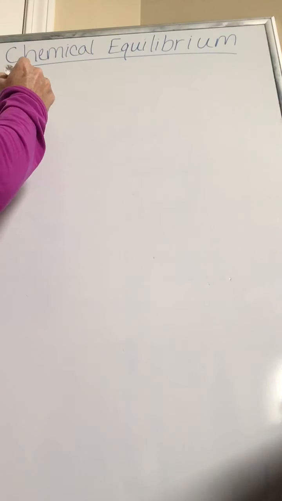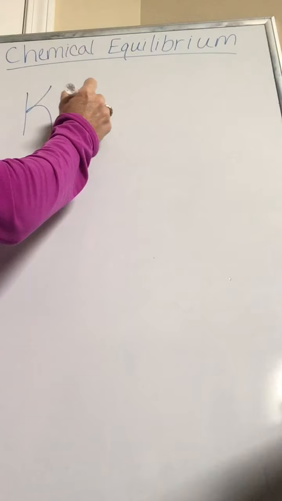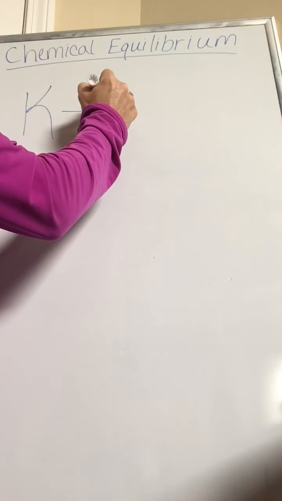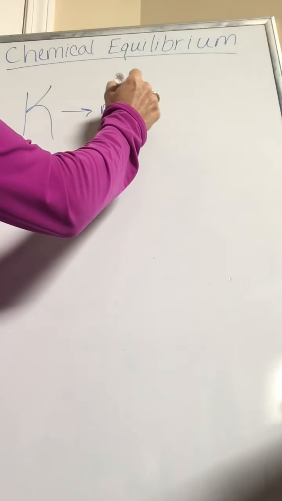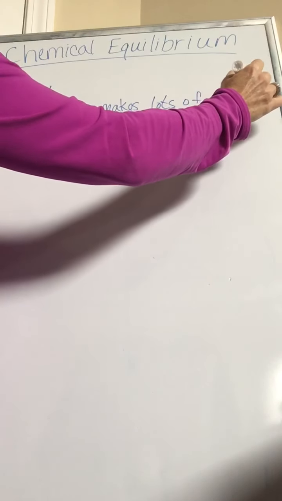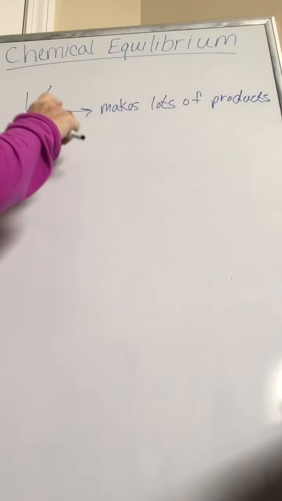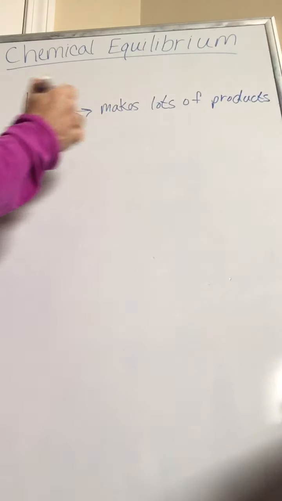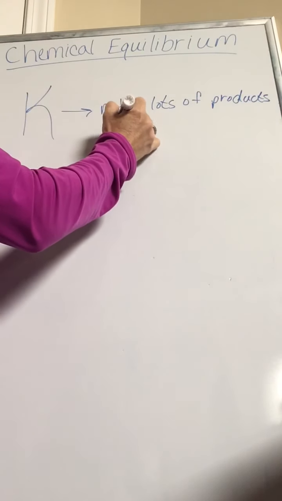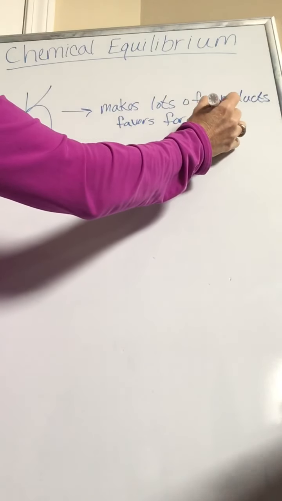What this is saying is when the equilibrium constant is large, so I'm going to write a big K, then that means it makes lots of products. When the equilibrium constant is large, it favors the forward reaction.